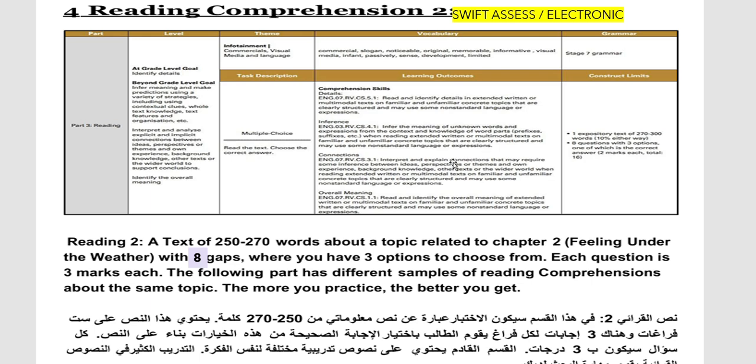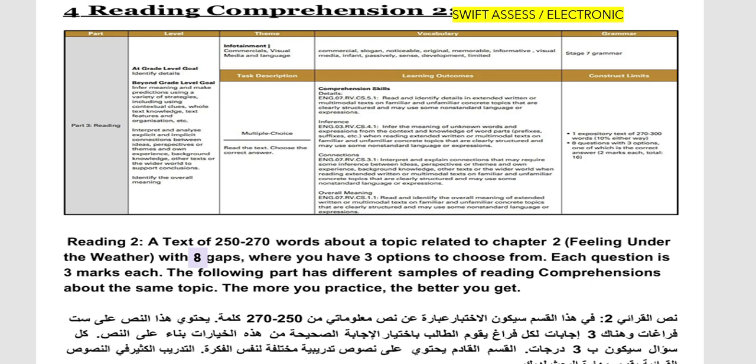In this reading comprehension, again, you will be getting 8 gaps, and each question will be of 2 marks, so altogether 16 marks. With this, the marking structure for the electronic examination of Swift Assess is over. That is altogether a total of 4 exercises you will be getting.